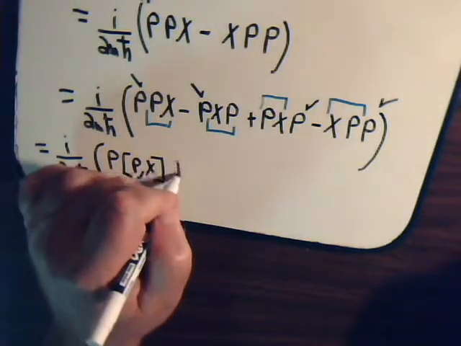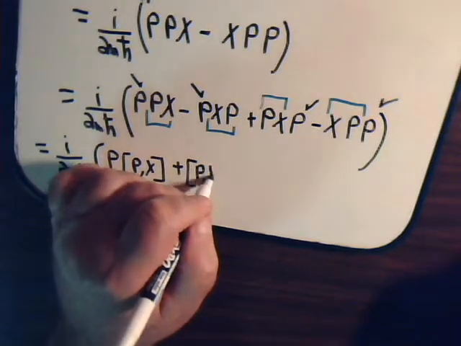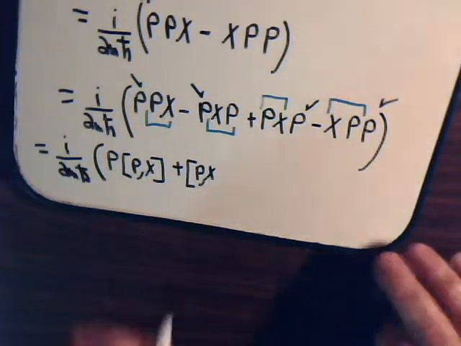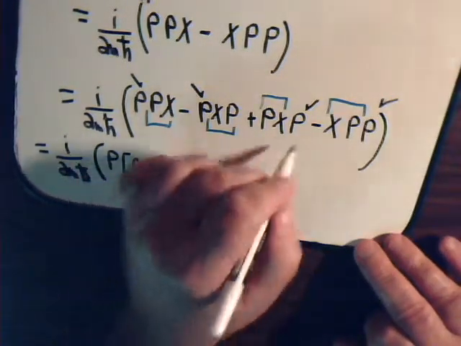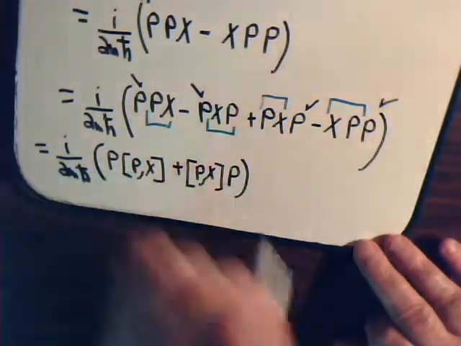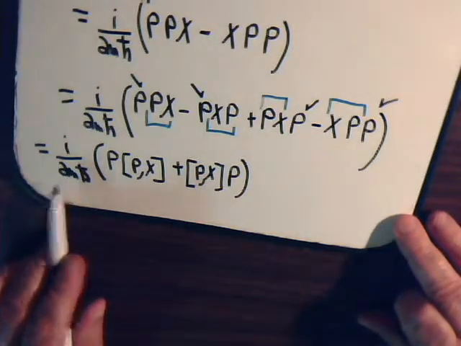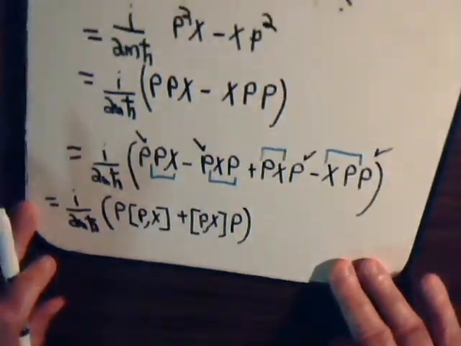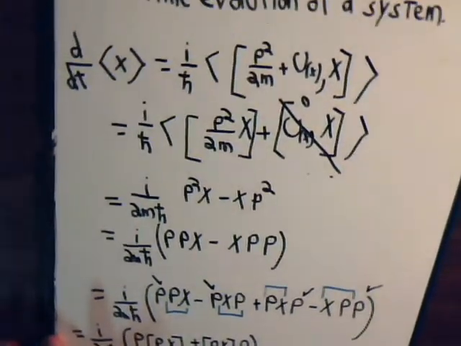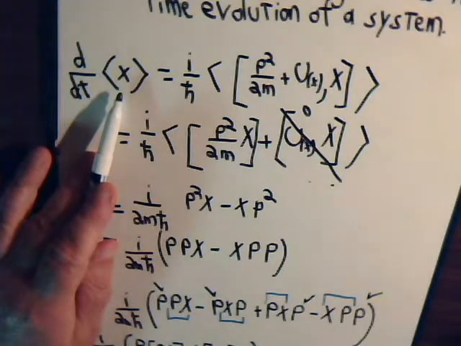So we have plus the commutator of x and p, the p on the right side. So we have this expression. And this, let us not forget, is the rate of change of the position.